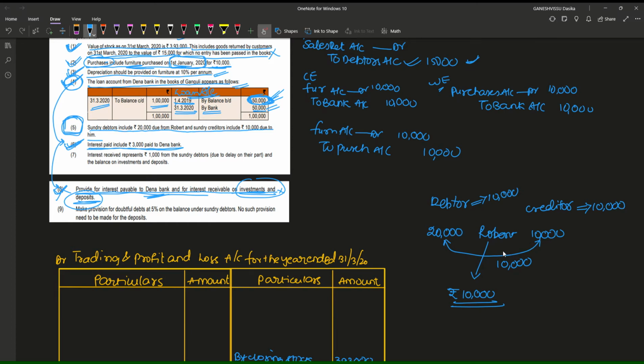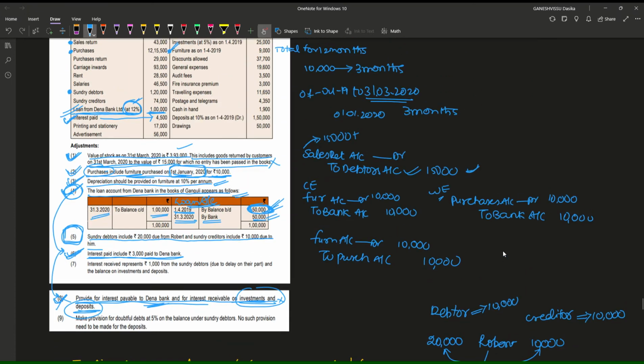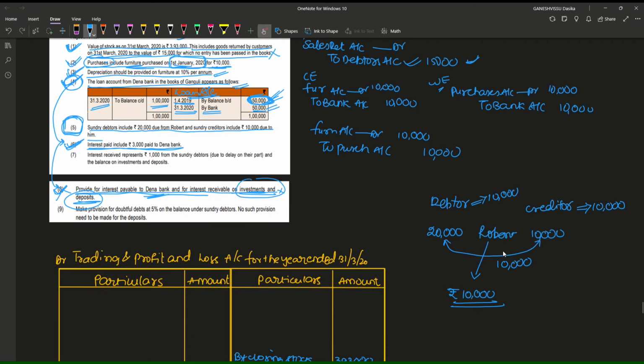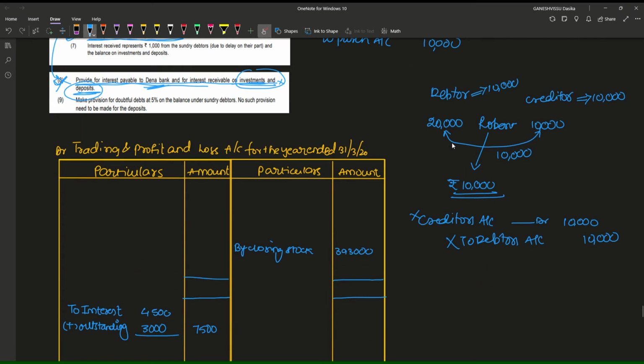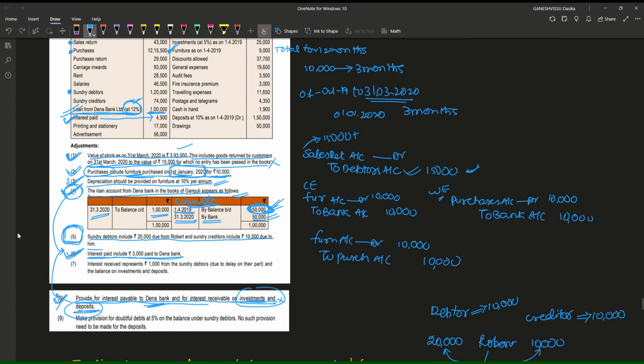That is what we have studied, the adjustment which is set off, for which the entry is creditors account debit to debtors account. And I have already informed you that the lesser amount is to be set off from the given list of the values. This is what we have to do. That means we need to deduct the creditors by 10,000 and we need to deduct the debtors by rupees 10,000. And we need to take it very carefully.